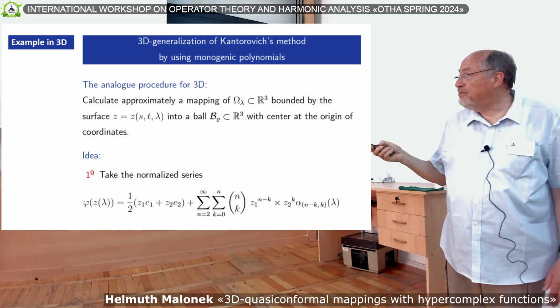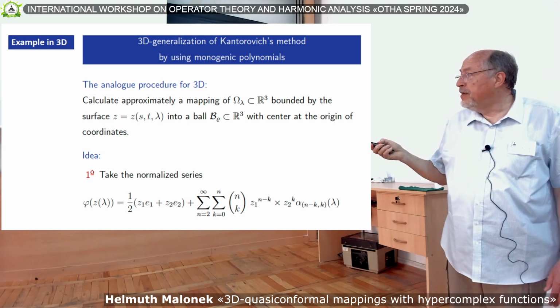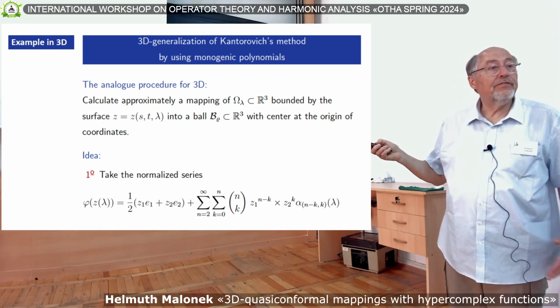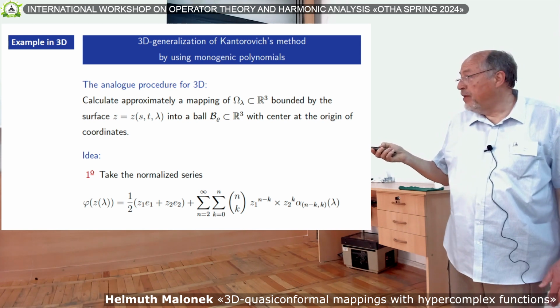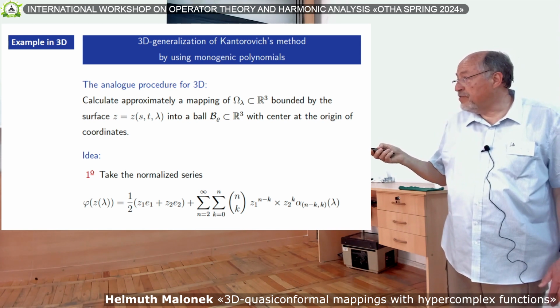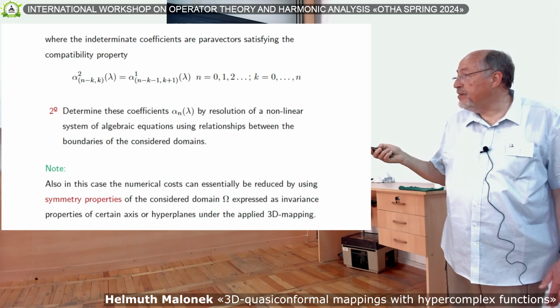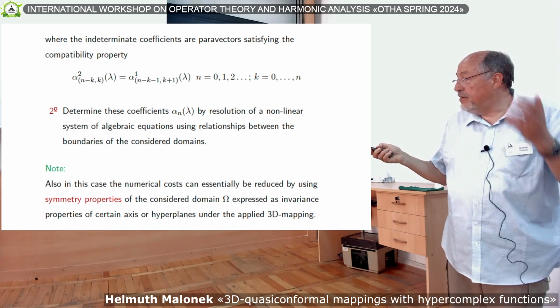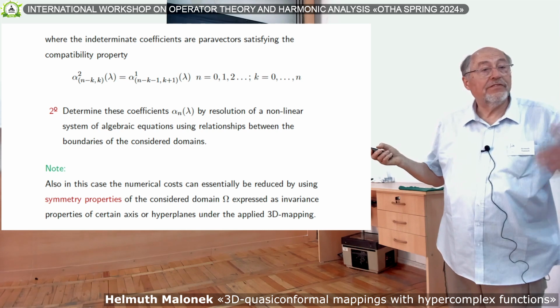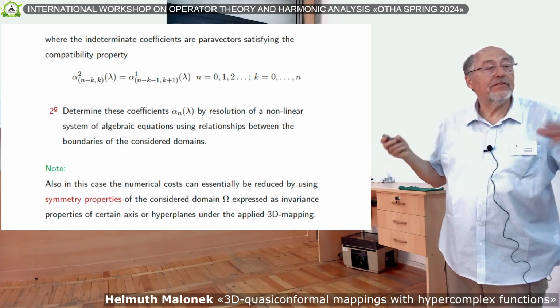We did the same. And now we need two real parameters, not only lambda, also t. And then the coefficients of the function depend on, what means in the complex case, lambda has to be now twice. Then we can also essentially reduce the numerical costs.